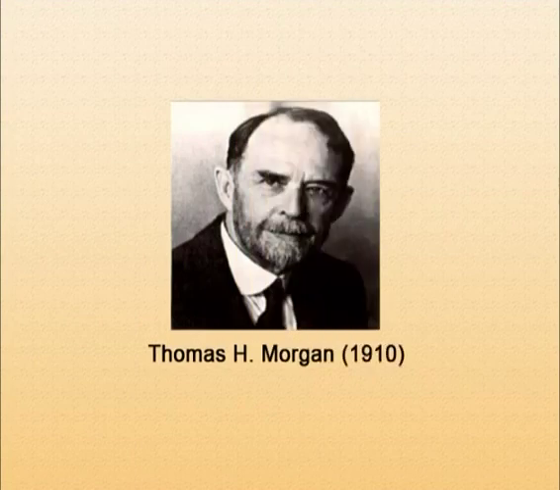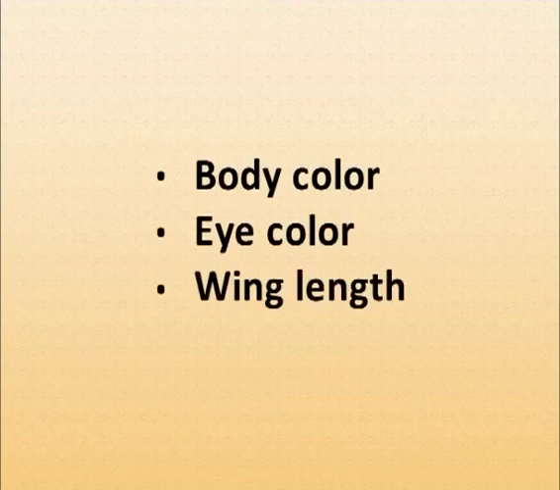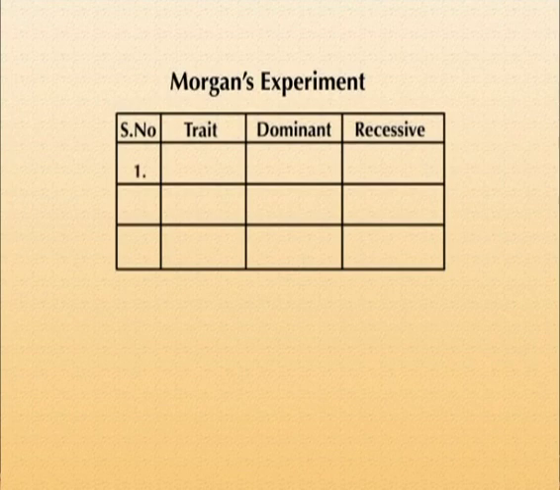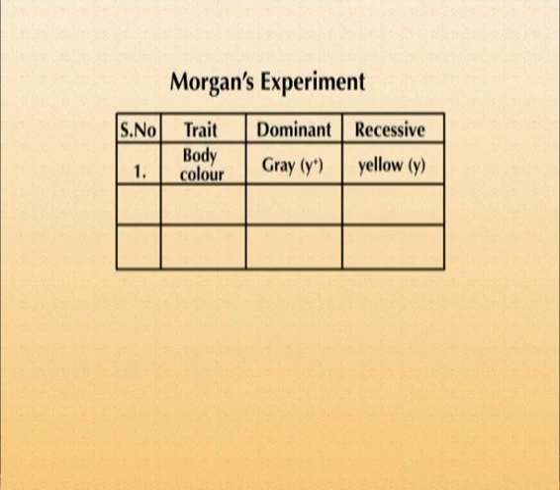T. H. Morgan in 1910 studied the inheritance of three genes present on the X chromosome of Drosophila, namely body color, eye color, and wing length. The dominant and recessive forms of these traits are, for example, in body color, gray body is dominant over yellow body.